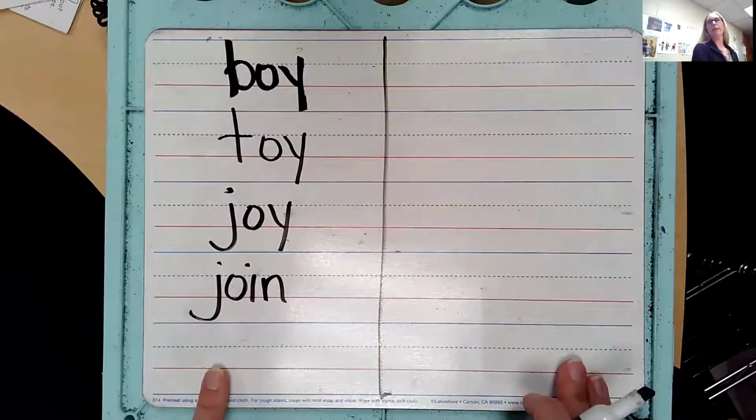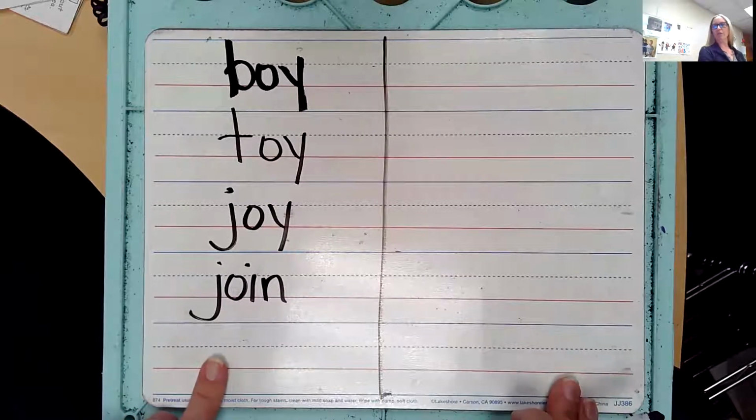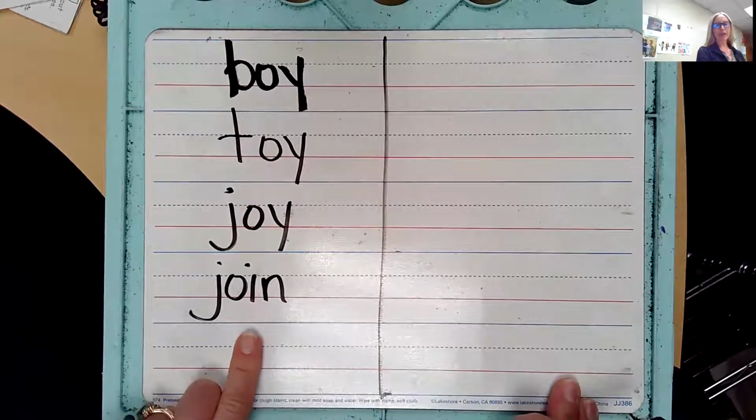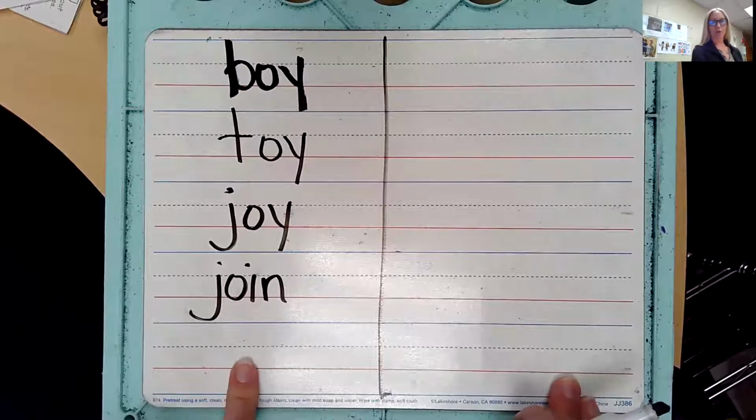All right, here's our next word. The next word, you are going to change two letters. You're going to keep the oi, change two letters in join, and spell the word foil.